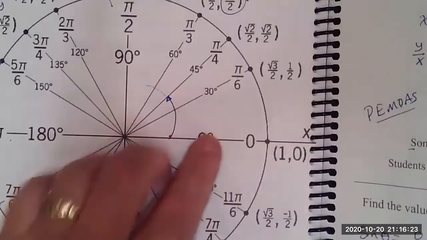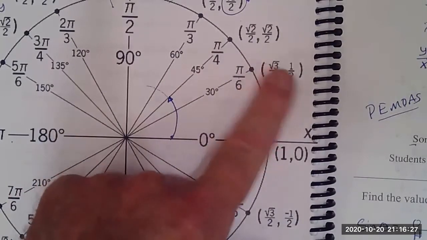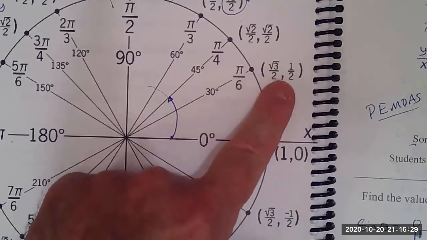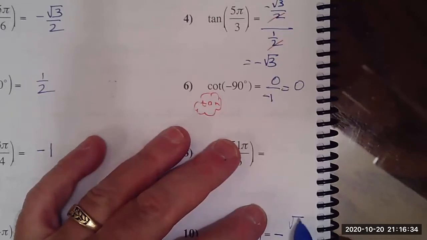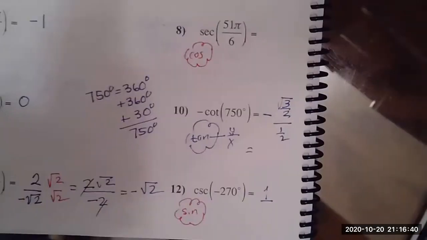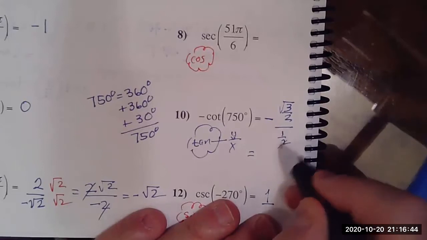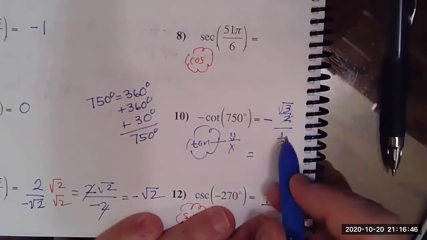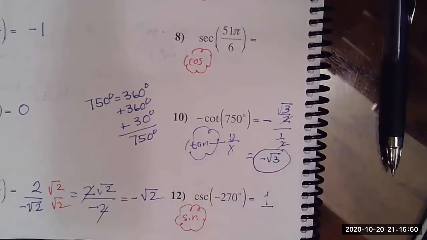So root 3 over 2 divided by half. Don't forget there's still a negative here. The 2's will cancel, since taking the reciprocal of a half makes that 2 go away. So it looks like negative root 3 would be the result.